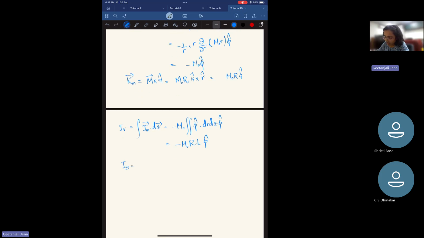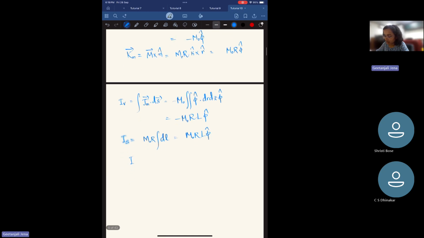For surface, it is K dl, integration of K dl. So M0 R is a constant, and when you take the integration of dl, it will give M0 R L phi-hat. So that means the total current should be 0.